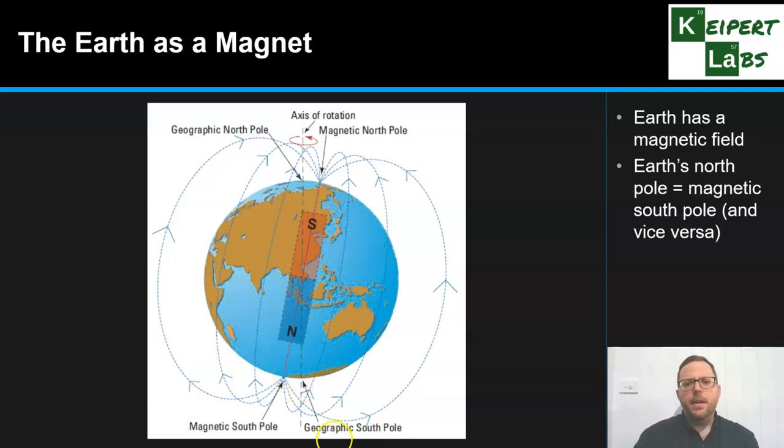The other thing that you can notice here is that the geographic North Pole and the magnetic North Pole, and vice versa at the bottom, don't line up.